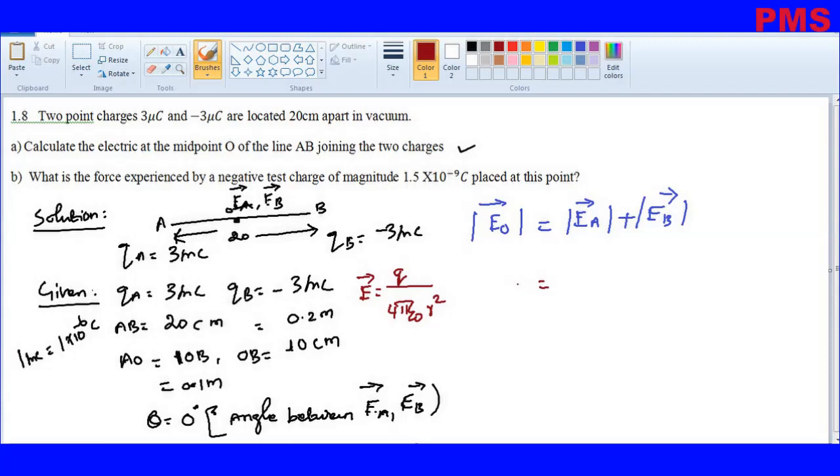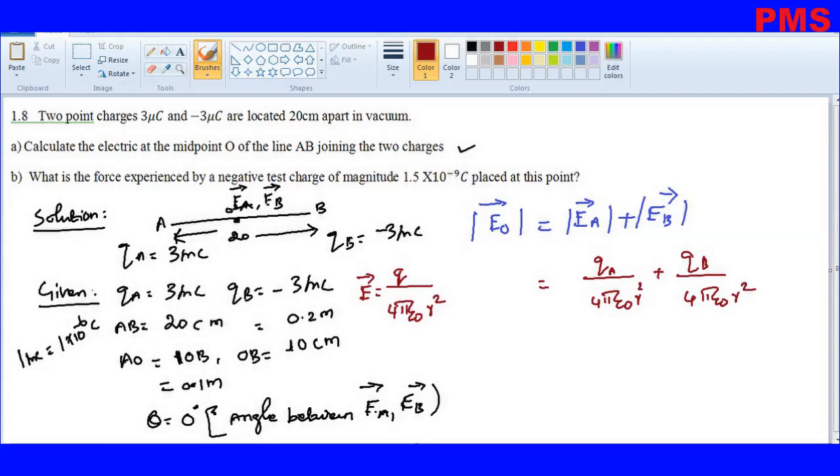We can modify it and write the electric field E vector as QA divided by 4 pi epsilon naught r squared plus QB divided by 4 pi epsilon naught r squared.